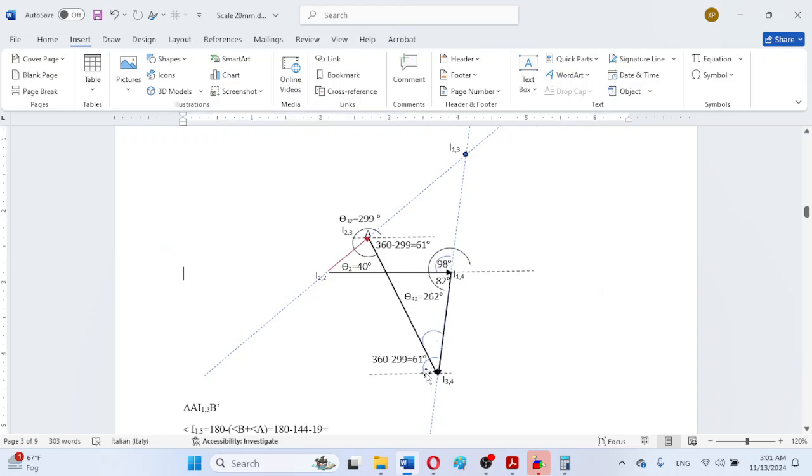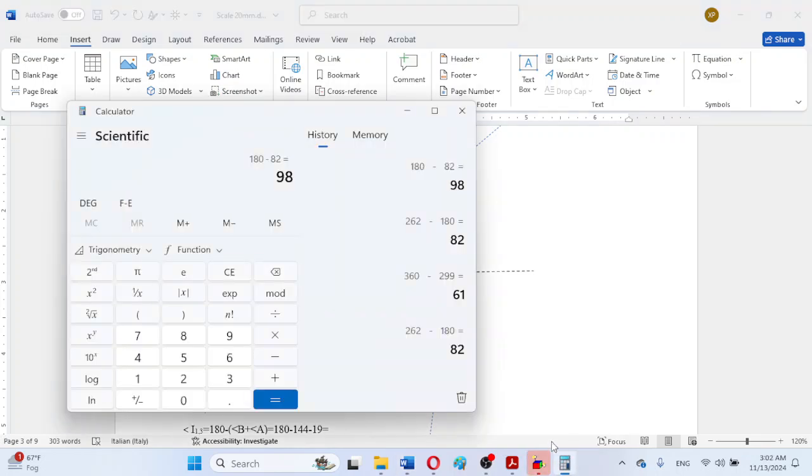So that means this angle is also equal to this angle, 98 degrees. So this angle will be equal to 98 minus 61, so this comes out to be 37.